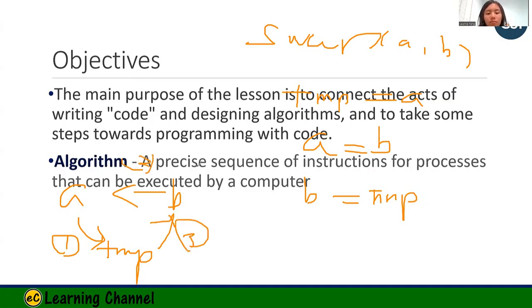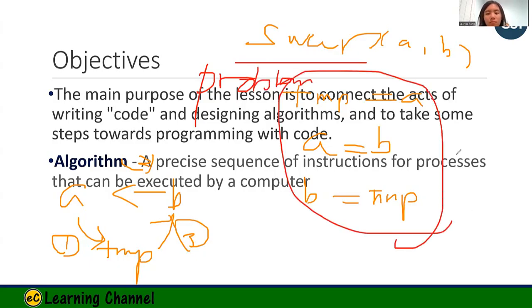So this one, the swap is a problem, and this one is a known solution, a solution that you already studied and know.